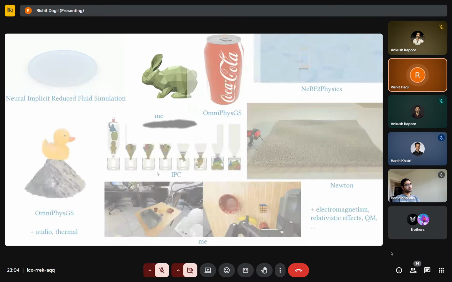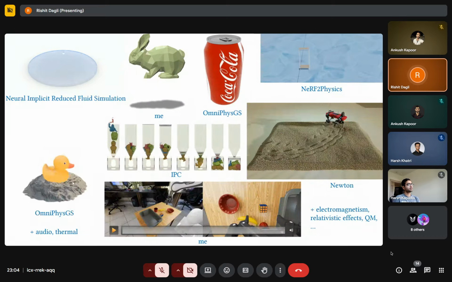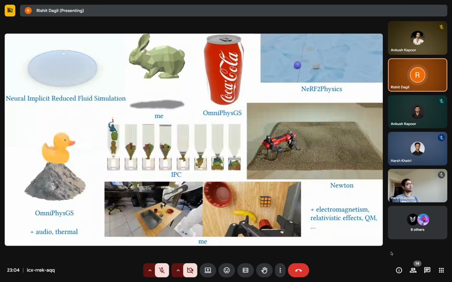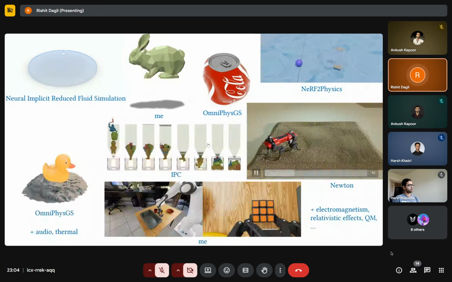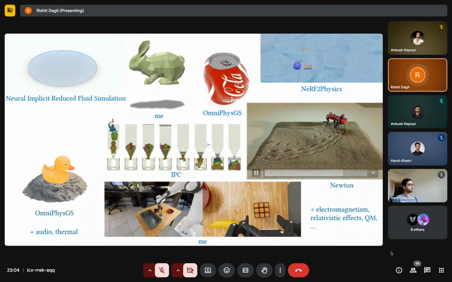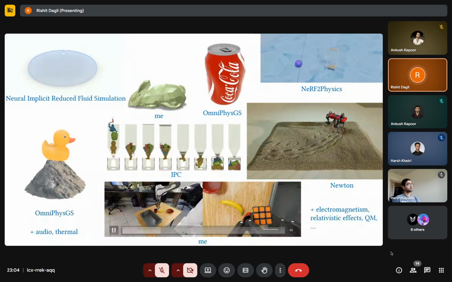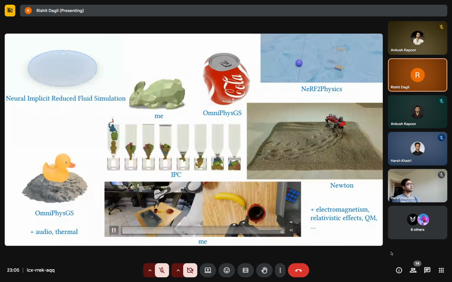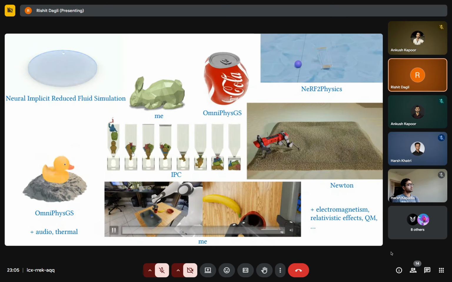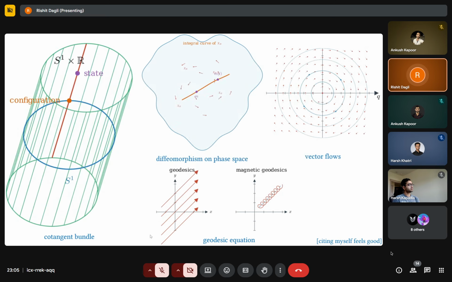And simulation shows up in a lot of different things. You can do simulation in a lot of different ways. You can have robots, or you can do all kinds of crazy stuff with simulation. You can simulate fluids, rigid objects, deformable objects, robots, audio, or even stuff like electromagnetism and so much more. All of these usually work with different ways of parameterizing the world around us.